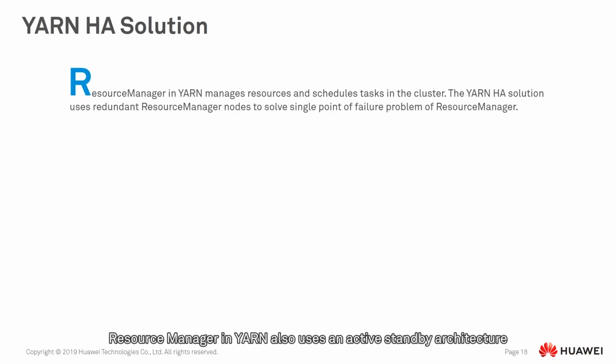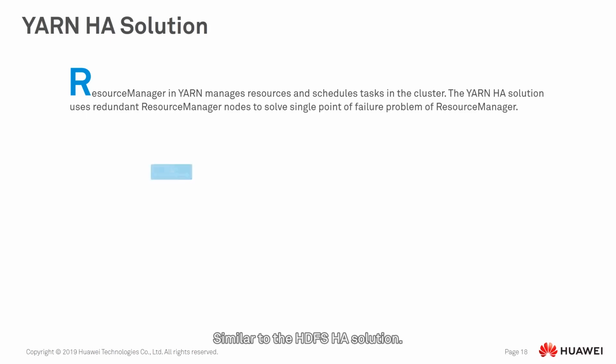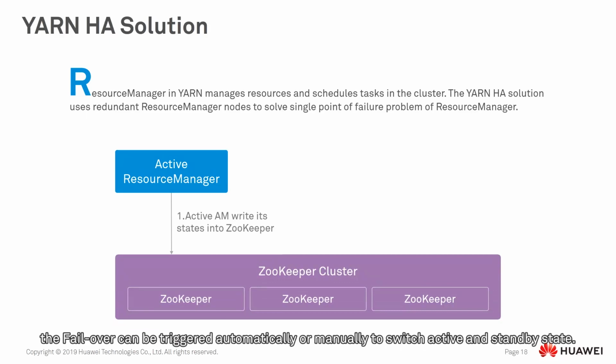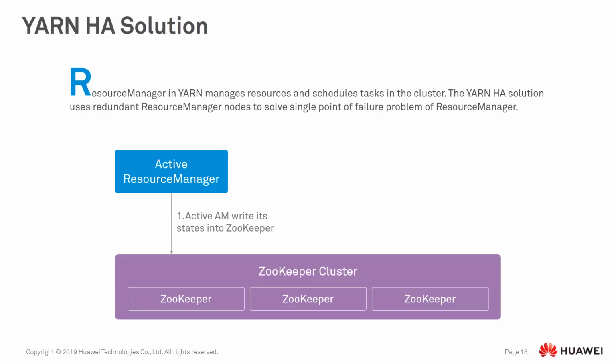Resource Manager in Yarn also uses an active/standby architecture, which ensures high availability. Similar to the HDFS HA solution, when the active resource manager fails, the failover can be triggered automatically or manually to switch active and standby states.